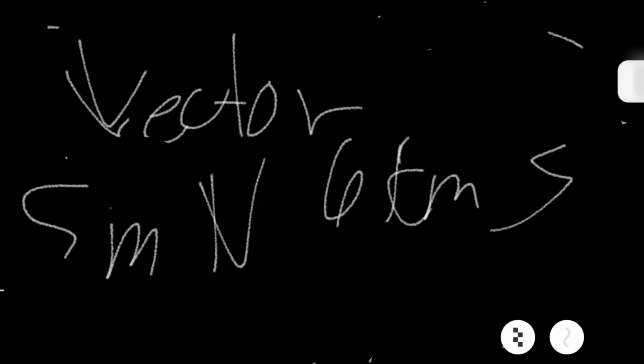So for example, 5 meters to the north, 6 kilometers to the south. Those are examples of vectors. Now, again, we're going to talk about two vector quantities. First one is the counterpart of distance, which is displacement.